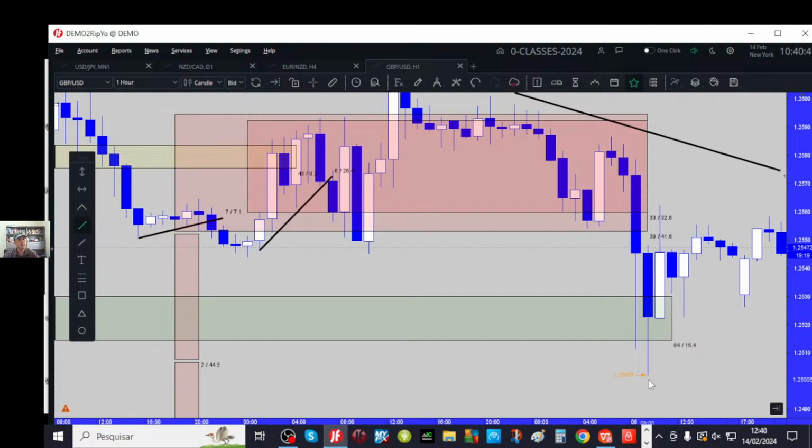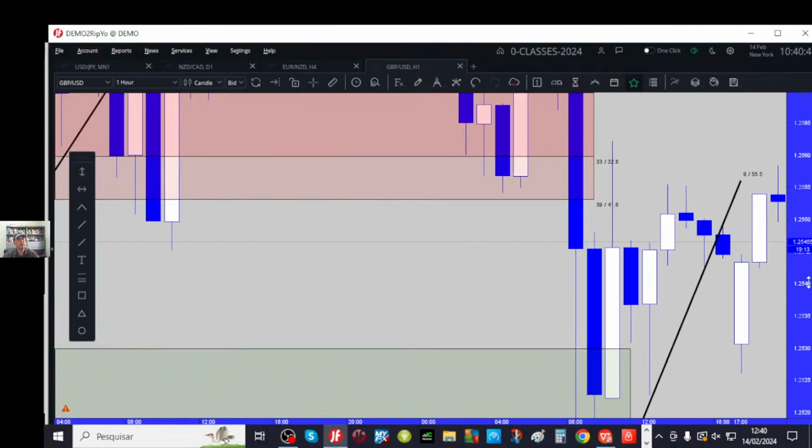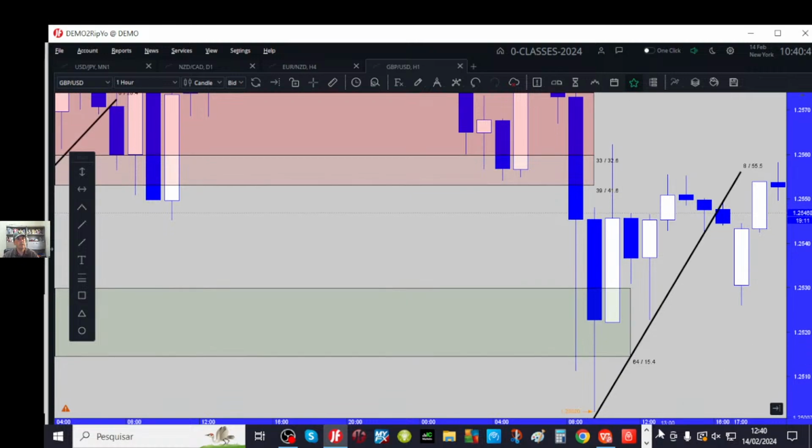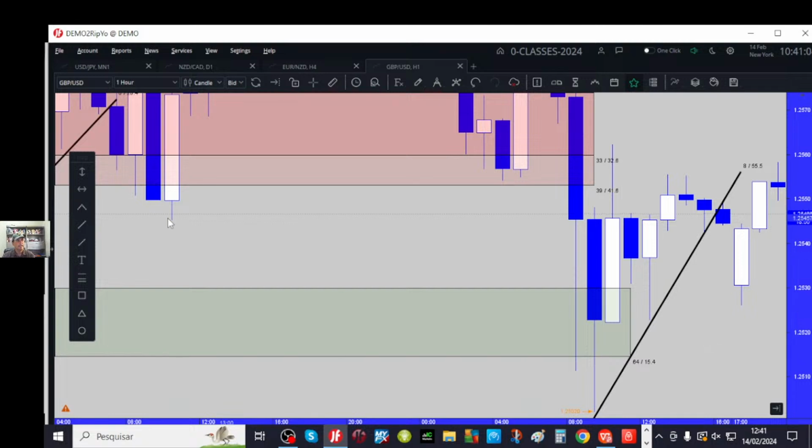Is this a counter trend line break? This is a nice one too, right? Do we have a trend line break? What do you think? Is this a trend line break? Yes.